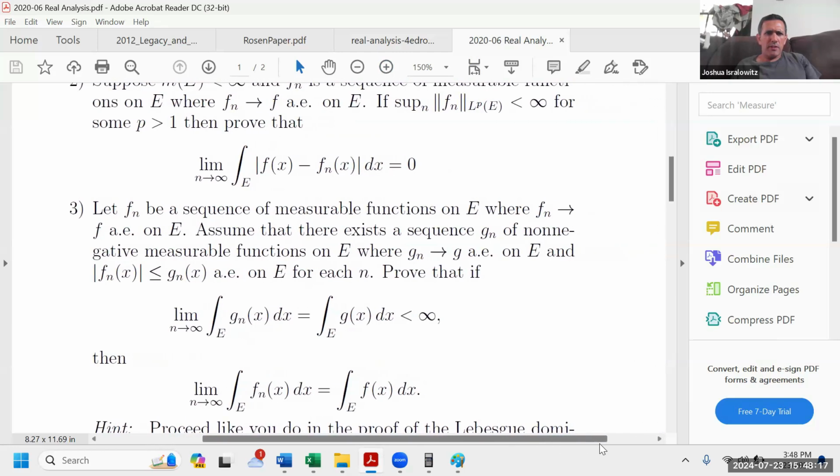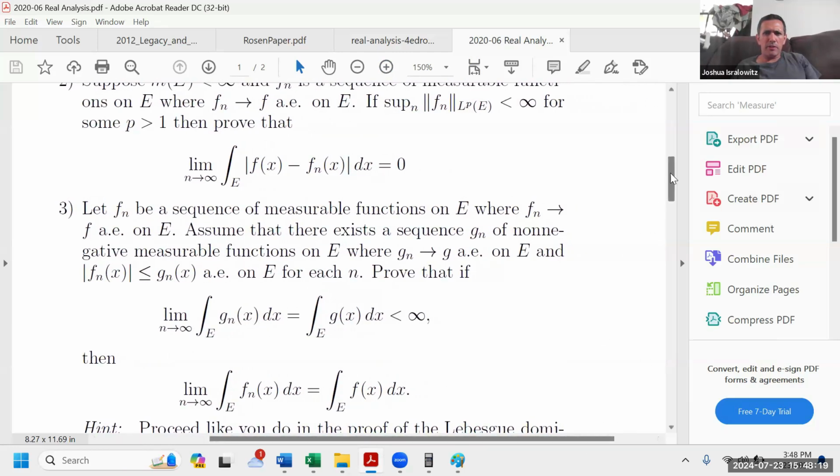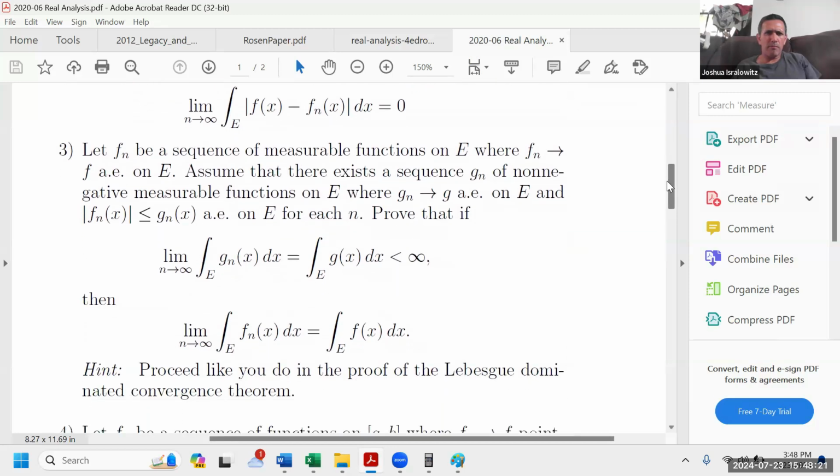The heart of the matter is similar to the proof of the Lebesgue dominated convergence theorem. It's just a lot more of a pain, making sure everything is well defined.